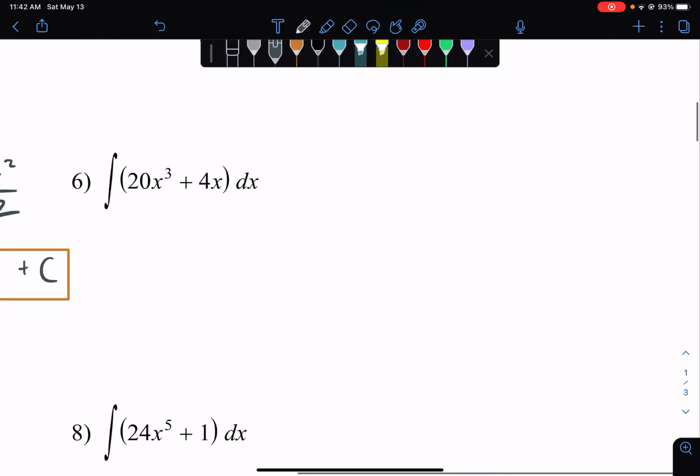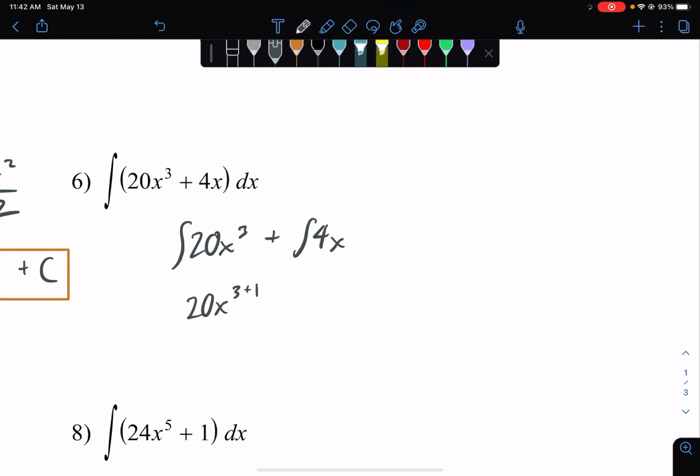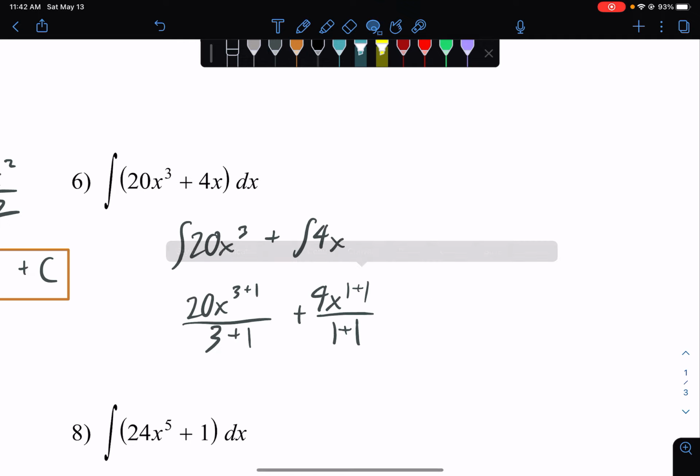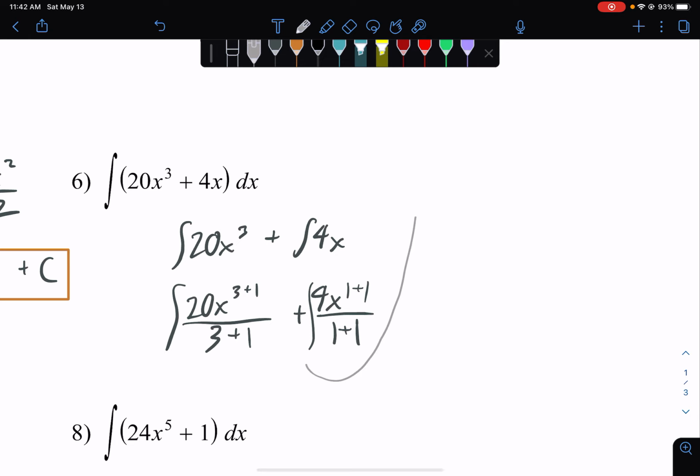Okay, let's move to number 6. 20x raised to 3 plus 4x. Here, for 20x raised to 3, you add 1 to the exponent, and then you copy the new exponent in the denominator, and use the power rule in the second term. And then we have 20x raised to 4 over 4 plus 4x raised to 2 over 2.